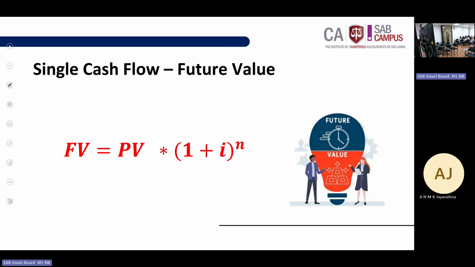So when we identify which technique to be used, what is the first step? Identification properly, which type of cash flow this is.